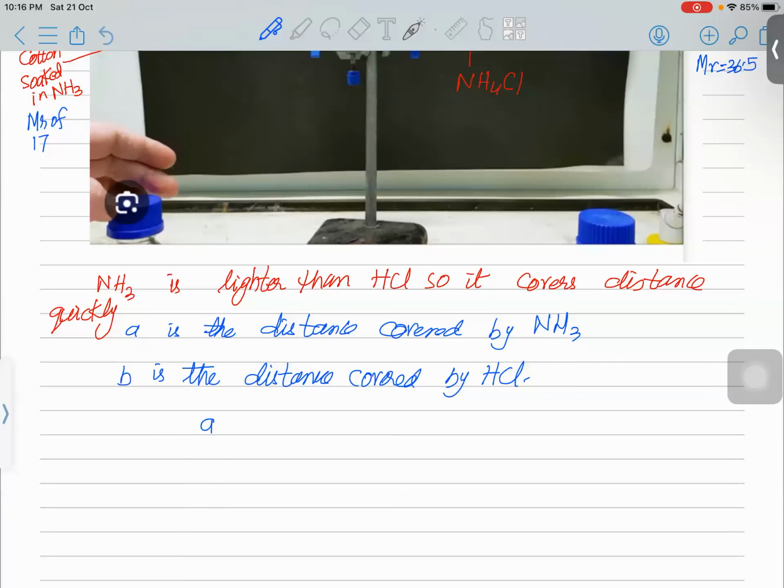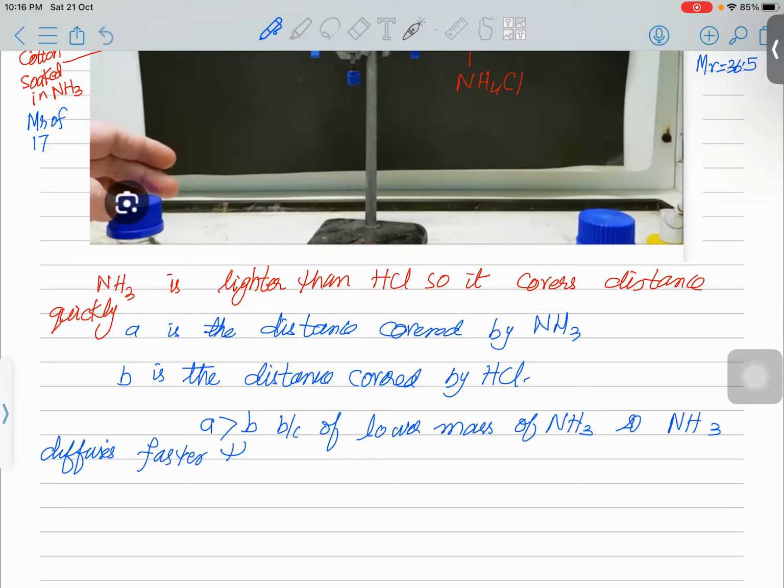So A is greater than B because of the lower mass of NH3. Any question? No, sir. Ammonia diffuses more. So ammonia diffuses faster than HCl.